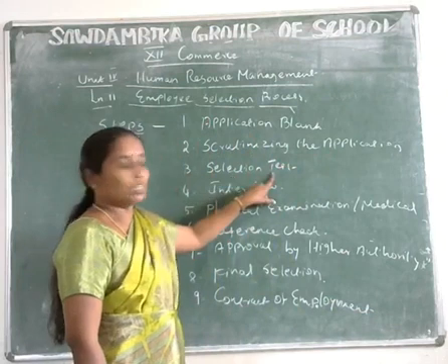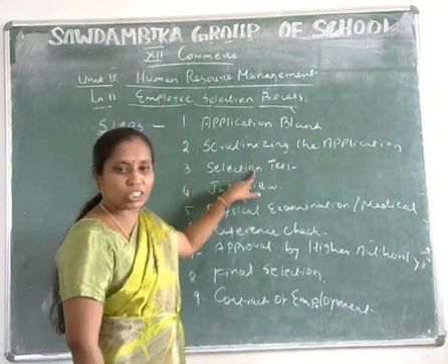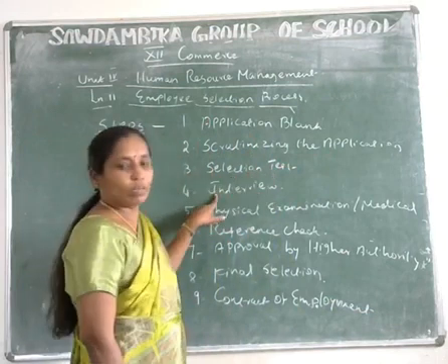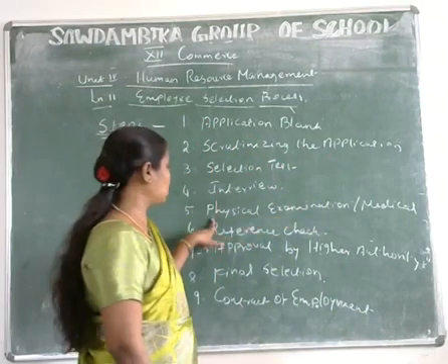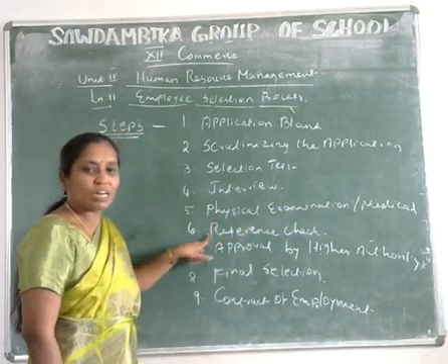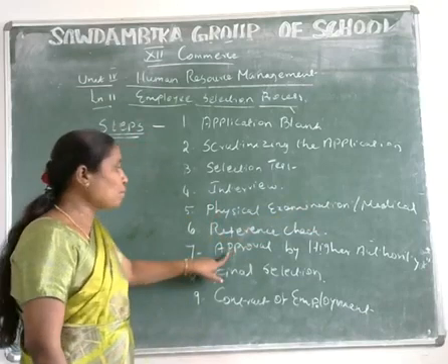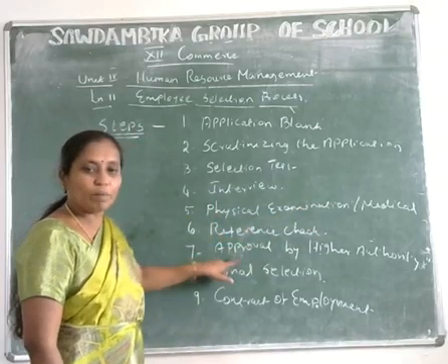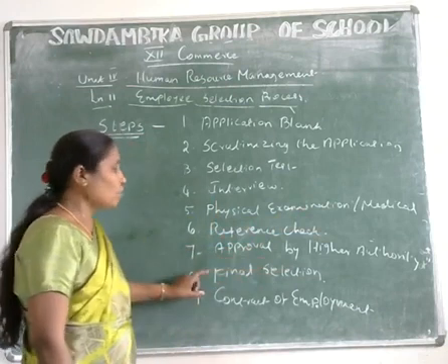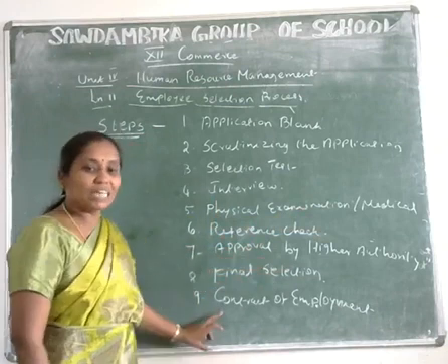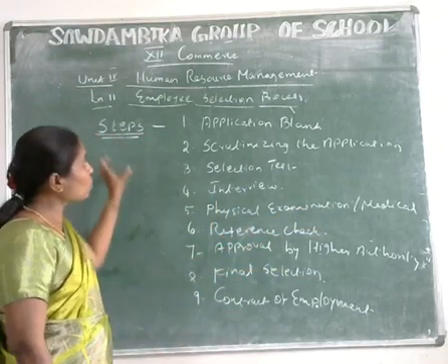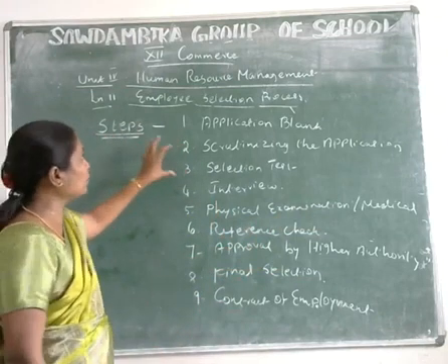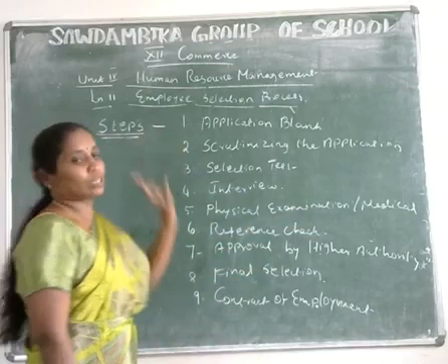The third step is the selection test, then the interview, then the physical or medical examination. The sixth step is the reference check. The next one is approval by higher authorities, then final selection. The last step is the contract of employment. These are all the steps followed in the employee selection process.